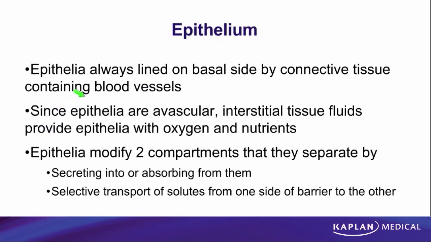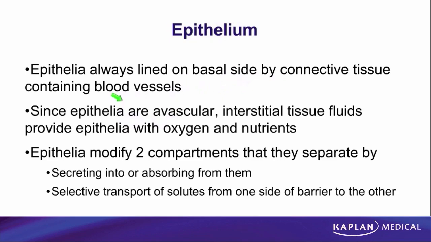Epithelial layers are avascular. You don't have blood vessels within epithelial layers, so you need to have blood vessels near epithelial layers in order to provide the oxygen and nutrients to the epithelium. So epithelial cells will always be alongside a connective tissue layer that will contain blood vessels.